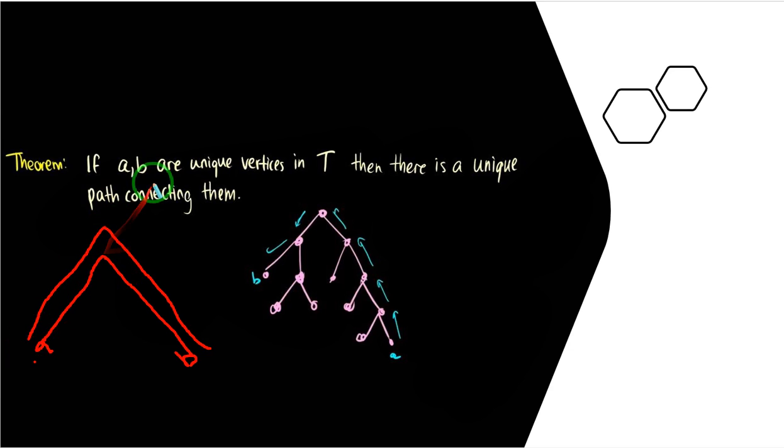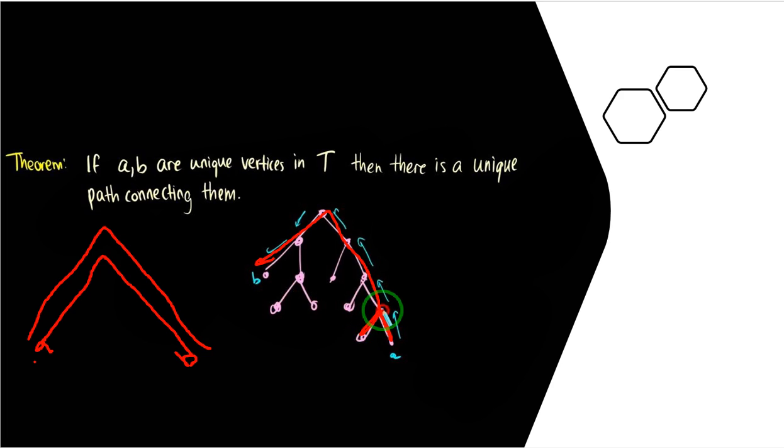So it's a theorem. We have all nodes, and we just select a point. This is point A, this is point B, or we can say this is vertex A, this is vertex B. When we are moving from A to B, we need to move by this point, by this way. Why? If we move here and then here, we don't have another path, so we would need to come back.